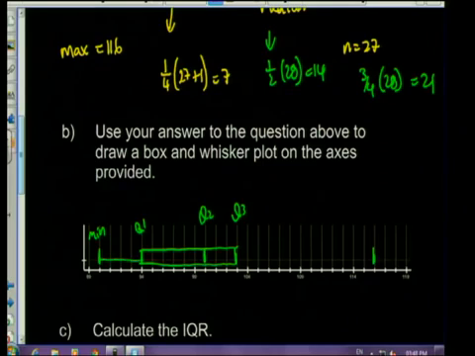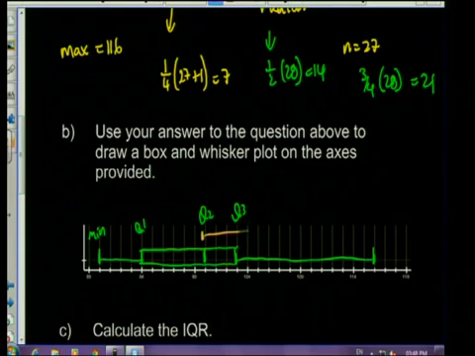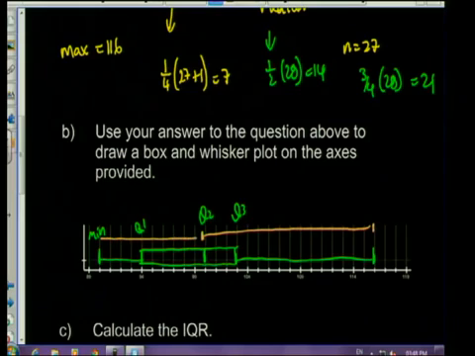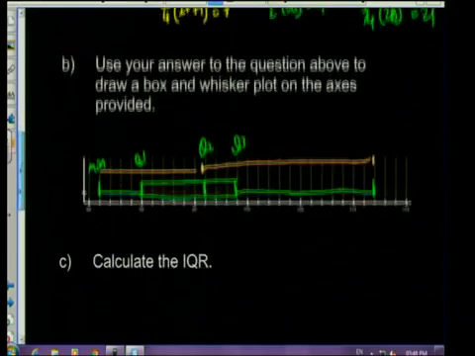And the whiskers show me how far this next 25% of my data extends beyond the quartiles. So I can see over here, this part, let me choose another color, this whisker there is significantly further than that whisker over here. And that's important because then we can interpret our sketch and see what's going on. Almost certainly, the box and whisker sketch is for you to interpret something.